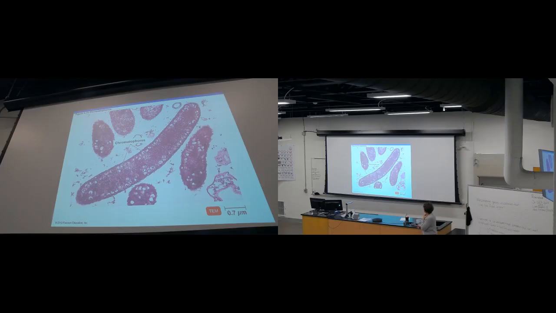So here we have a transmission electron micrograph of a gigantic rod, in this case, with chromatophores. And that will be gigantic, of course, in the microbial world in comparison to other cells. And then you can see here on the surface these chromatophores with pigments. Internally, these are the pigments that allow photosynthesis.